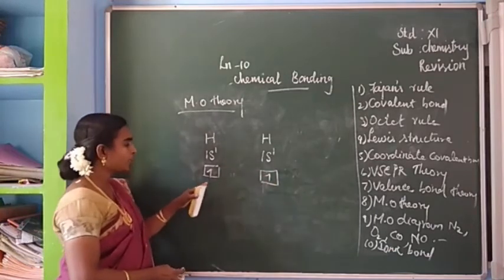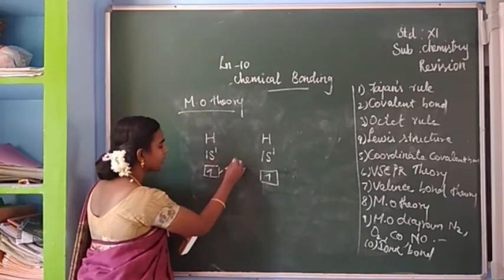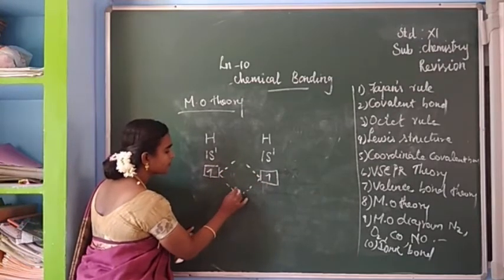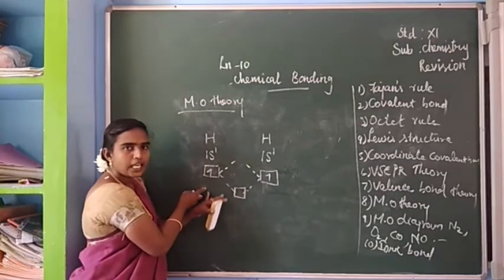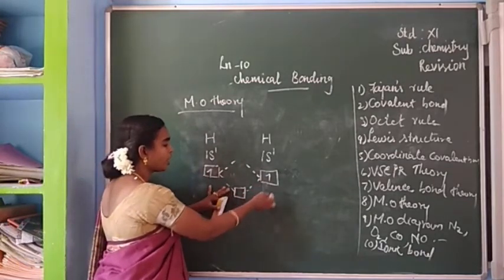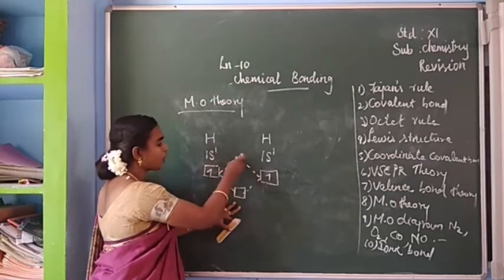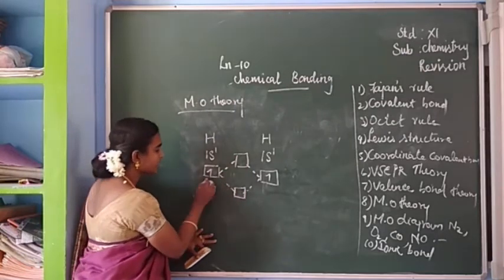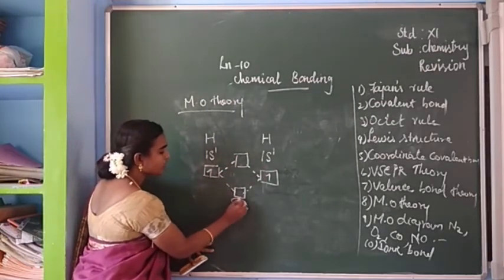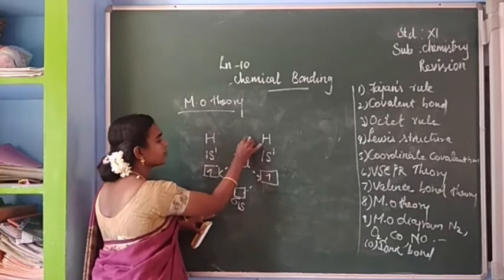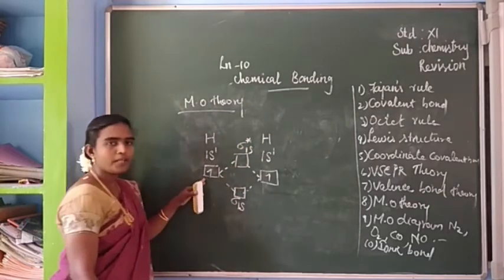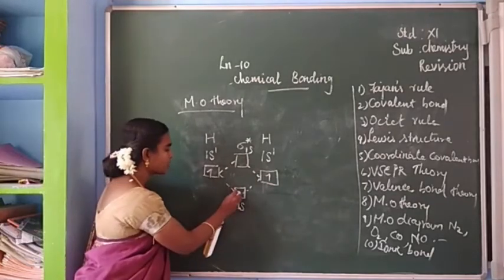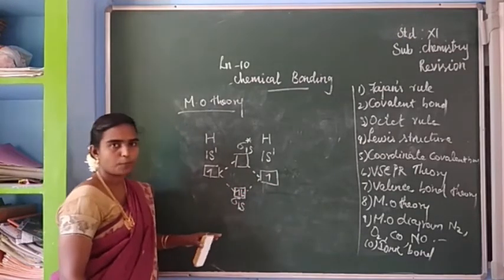When two atomic orbitals combine together, they form two molecular orbitals. The number of atomic orbitals and the number of resulting orbitals are equal. So it forms two orbitals. This is 1s and this is 1s. So this is sigma 1s and this is sigma star 1s. How many electrons are there? 2 electrons. Maximum in one box we can write 2 electrons with opposite spin.